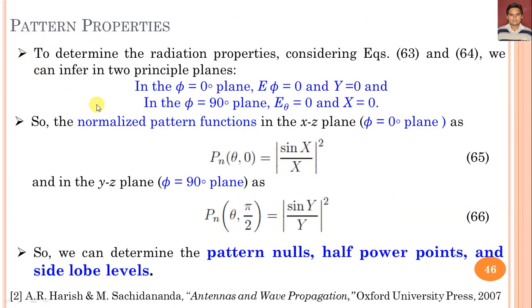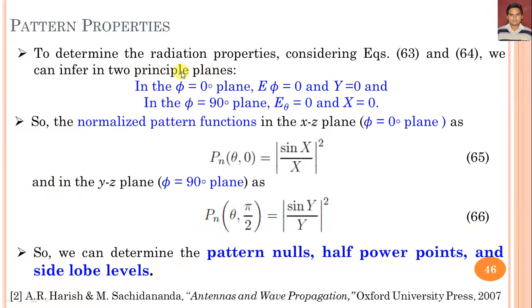Then further, we calculate the pattern properties of the rectangular aperture when we put it on an infinite ground plane. We can calculate the radiation properties in two principal planes, and this analysis is completely similar to the pattern property analysis of the uniform rectangular aperture in free space, but the only difference is the plane difference, as we have discussed earlier.